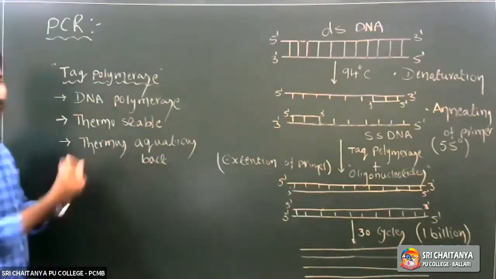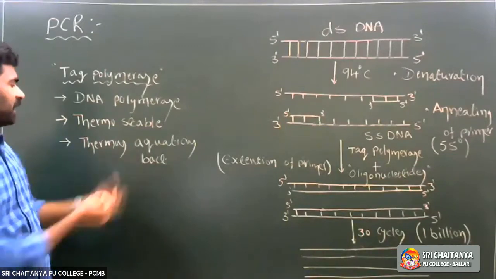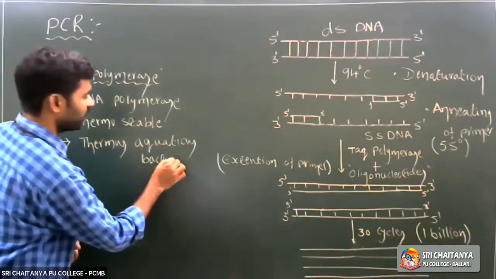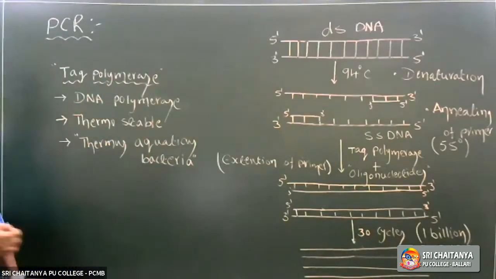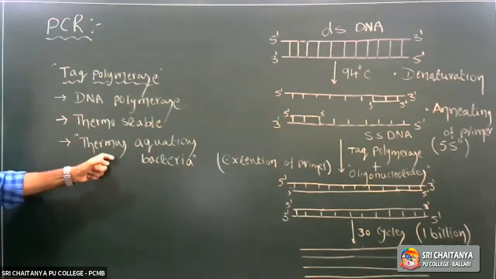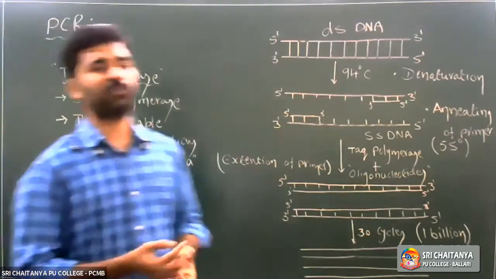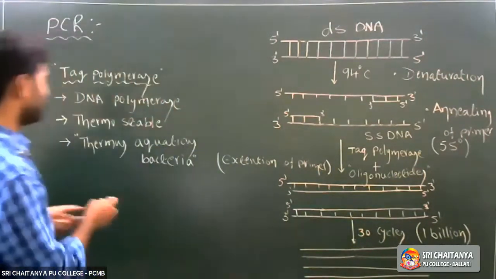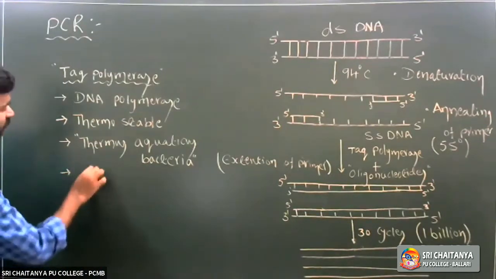So from where did we obtain this enzyme? We collected it from the Thermus aquaticus bacteria, right? That thermostable DNA polymerase enzyme, the Taq polymerase enzyme, we collected from the Thermus aquaticus bacteria. Where can these Thermus aquaticus bacterial members survive? In hot springs.